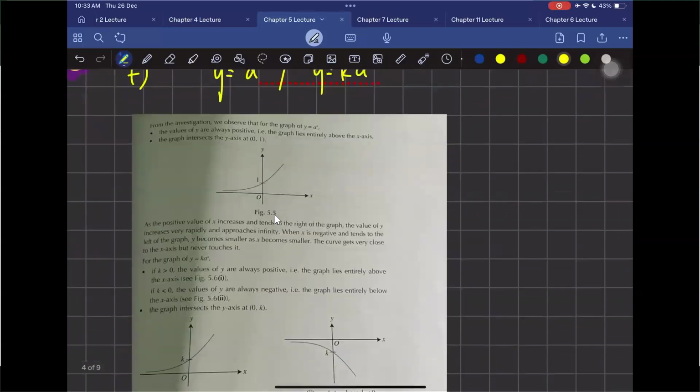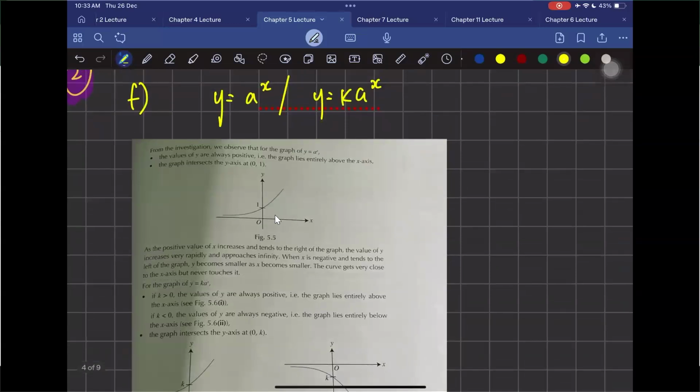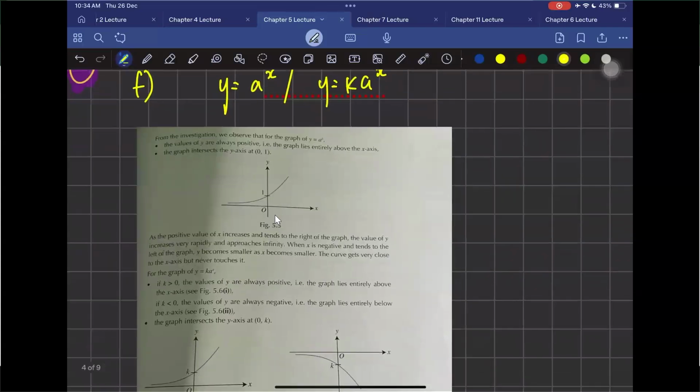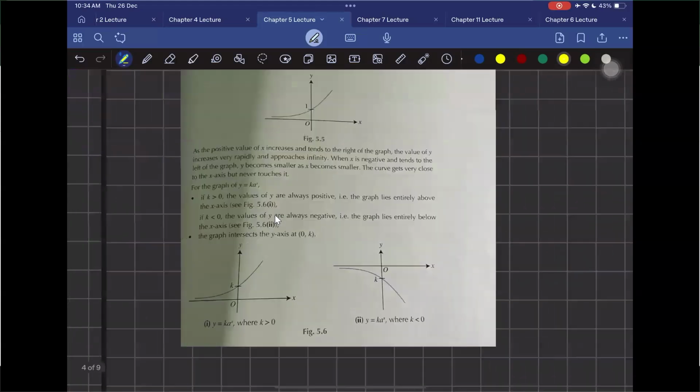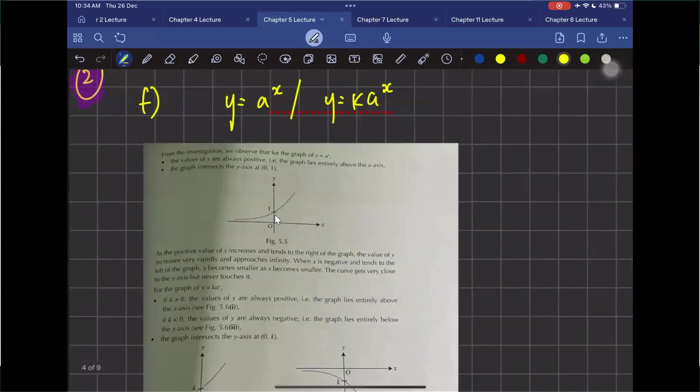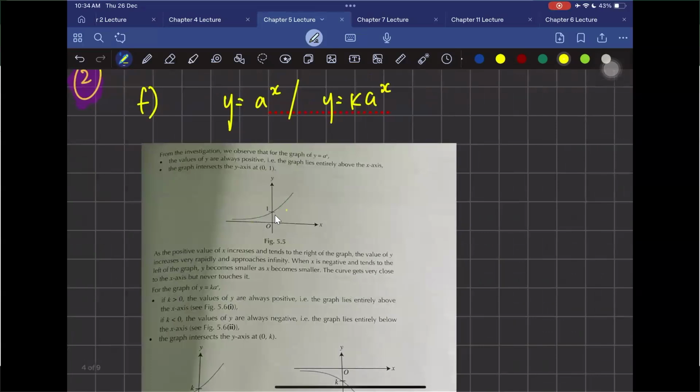Okay, now your second learning objective for today, which is the graph a to the power of x, when x is in the power. So it is a graph that goes like this, just a simple curve.